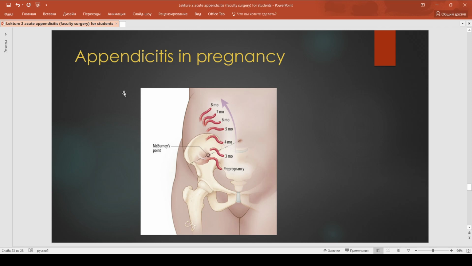Most often, in late pregnancy, 7 or 8 months, you can find the appendix below the liver. In this case, ultrasound is the diagnostic procedure of choice. Perforated or gangrenous appendicitis is associated with a higher risk of fetal loss.